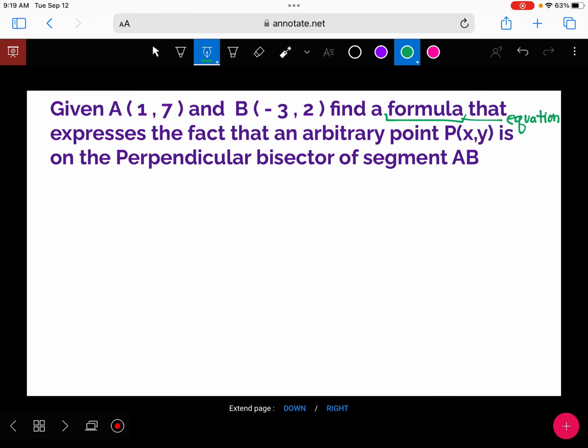An equation that expresses the fact that some arbitrary point is on the perpendicular bisector. This is fancy schmancy math talk for find the equation of the perpendicular bisector between these 2 points.